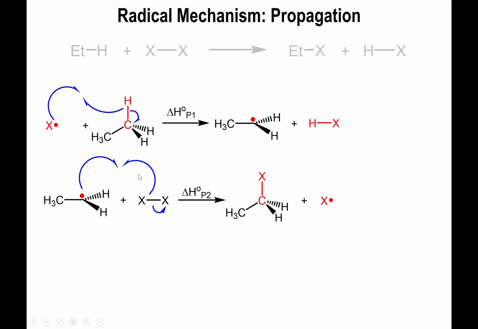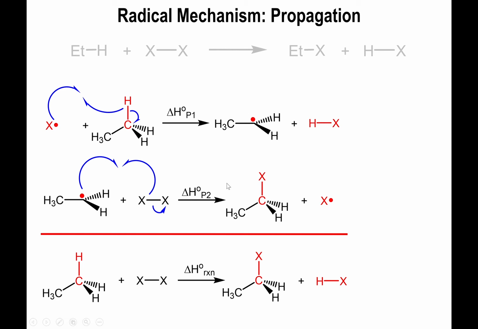So that means you still have 99% X2 present in the reaction. The likelihood that this organic radical will see X2 in the mixture is very high. So this process is definitely a plausible possibility.